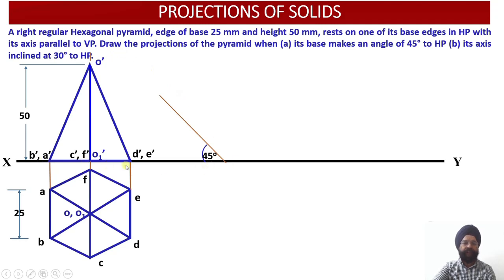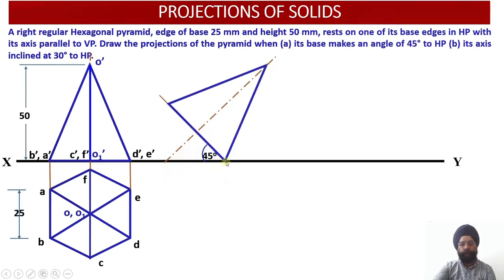So now we are going to mark these 3 points, 1, 2 and 3. These 3 points we are going to transfer onto the locus projector line, which is marked at an angle of 45 degree, so that the base of this front view, that is, the base of this hexagonal pyramid, will be shifted or rotated at an angle of 45 degree.